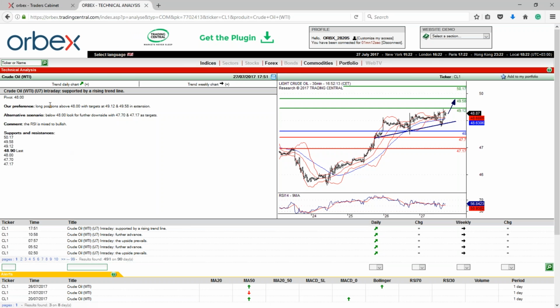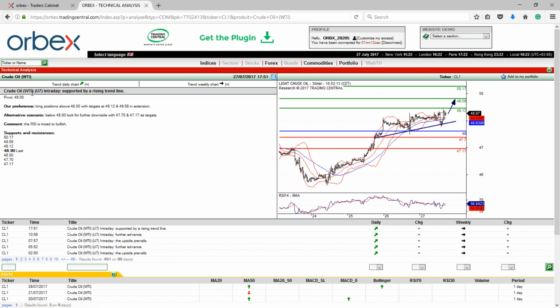Okay, so for example, if you download the indicator and go onto the crude chart, then all of this will show up on your chart. So it will plot these key levels on your chart, and in a box below the price chart, you'll get this section where you get the Trading Central's preference, you get their alternative scenario, and you get the comment and the key levels to watch. Okay, so this is a really fantastic indicator that you can look to install if you're interested in having it applied to your charts.